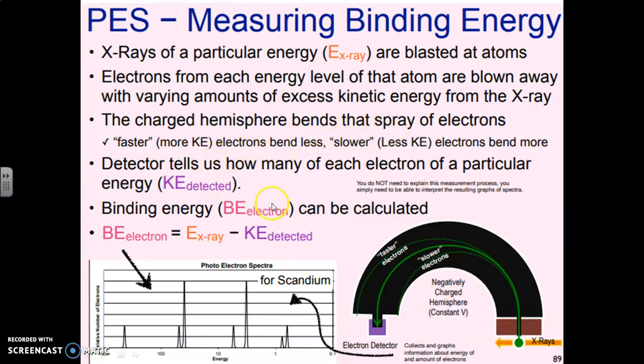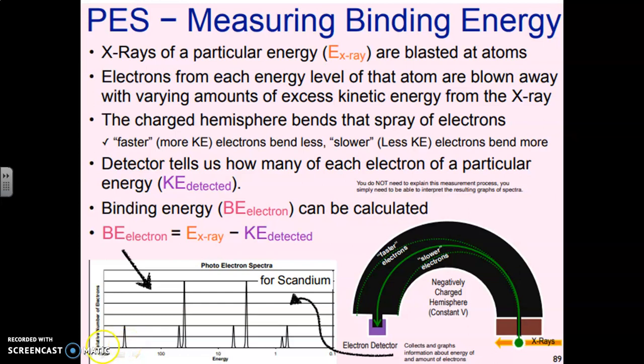The detector can tell how many electrons hit the detector with a certain amount of energy, and the binding energy can then be calculated, and we get these graphs that show how many electrons hit the detector with what amount of energy.